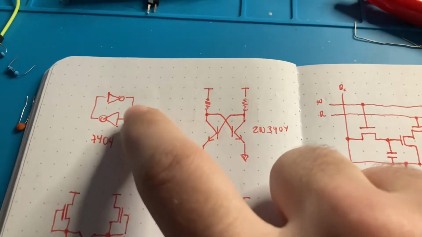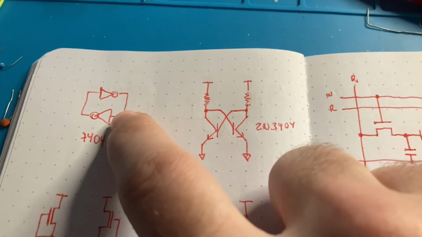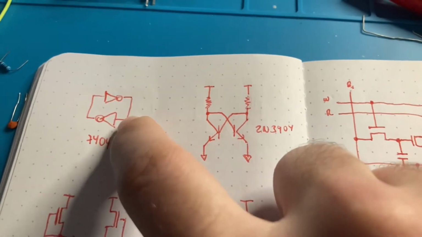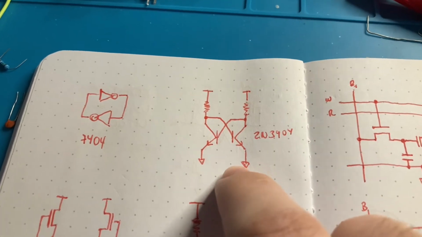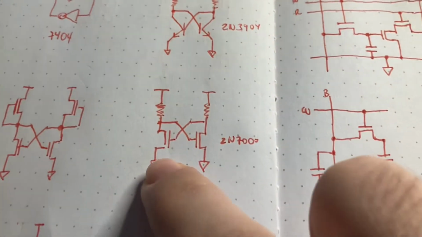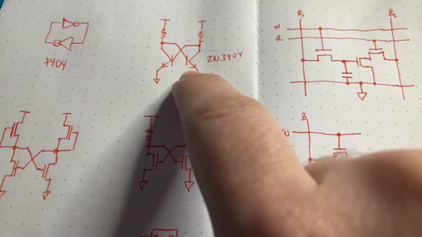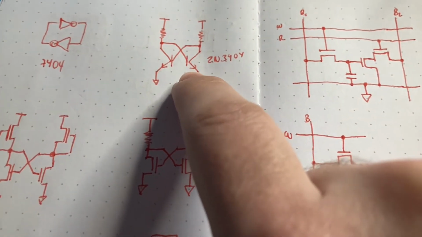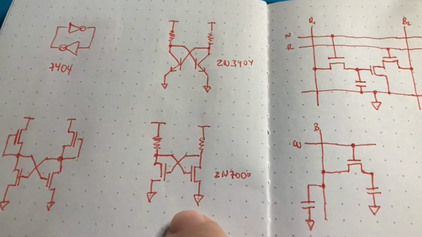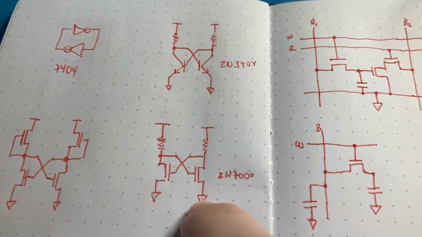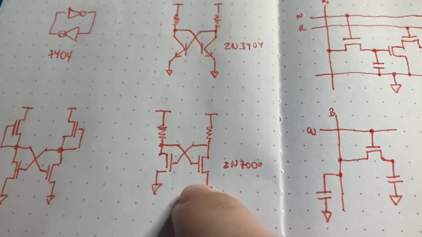So as long as you know how to do a NOT gate, you can do a set-reset latch, no matter what type of logic you want. You can even go further. You can replace the BJT NPN transistors with an NMOS MOSFET, right?